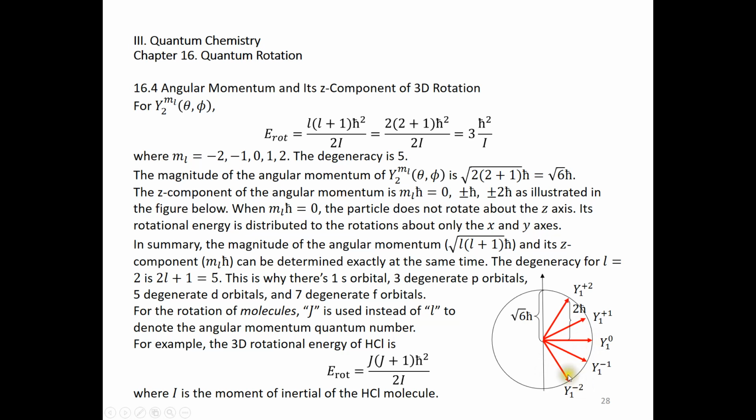They correspond to m sub L being -2, -1, 0, 1, 2. So 5 vectors, same angular momentum, same rotational energy, with a degeneracy of 5. But they do have different z components. That means these 5 vectors correspond to 5 different values of m sub L.